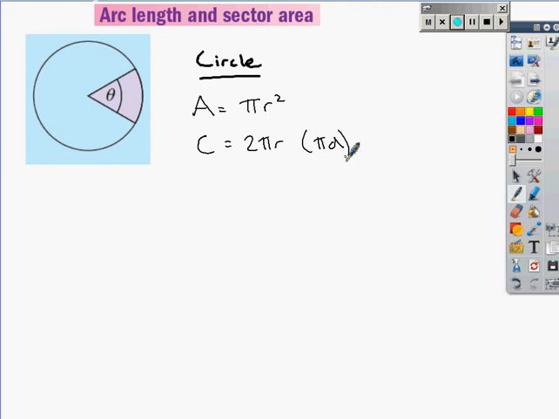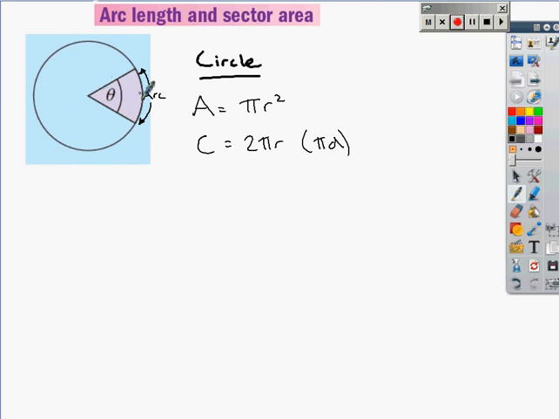So let's look at our arc here now. We've taken a sector of the circle, so the arc length, that is this part here. Now the arc is a proportion of our whole circumference. That proportion is the proportion of the angle out of the total angles in a circle. We should know that the total angles in the circle is 360.